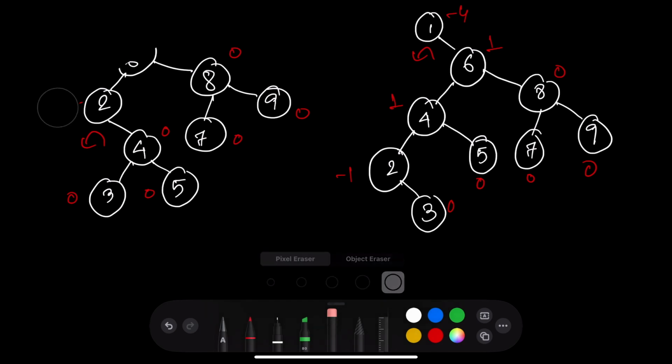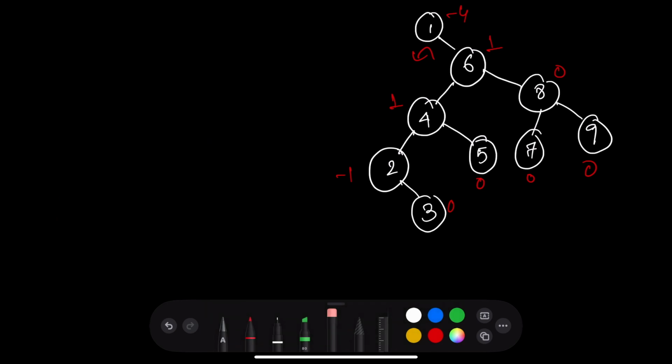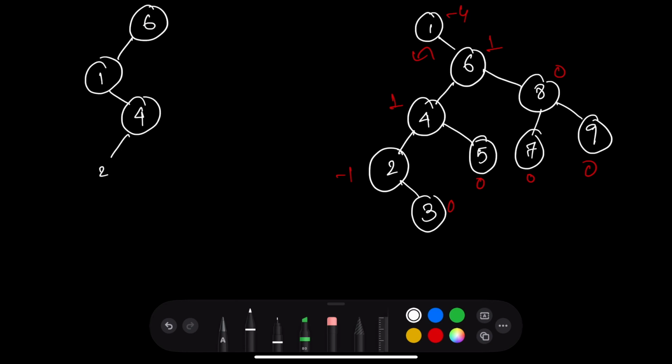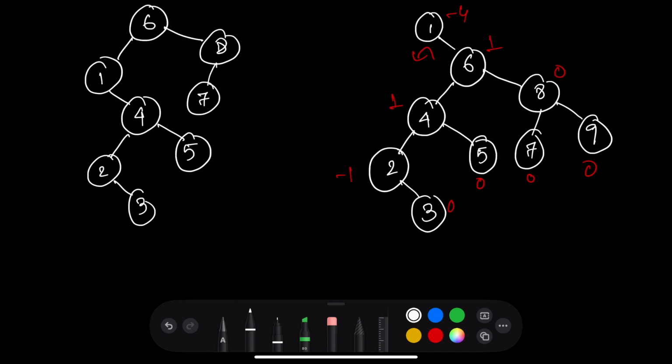So what is going to happen: 6, then 1, then 4, and 2, 3, and 5, 8, 7, 9. See, now it is 0 0 0 0, -1 1, then it is 0, and it is -3, and it is 4 -2 is 2.